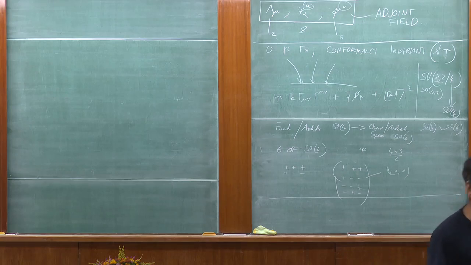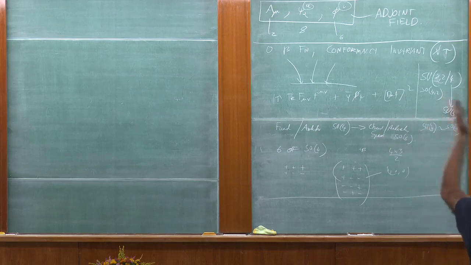So let's just work in SO6 language. The gauge field is invariant under SO6. The fermions are a chiral spinor, and the bosons are a vector field under SO6. Is this clear? So this gives you an explanation for these numbers. They transform in some multiplets of the R symmetry.